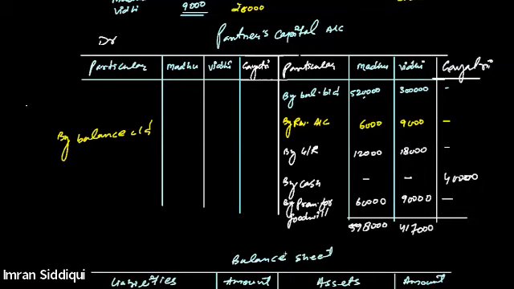And for Gayatri, 4 lakh only. So these will be their closing balances as well: 5,98,000, 4,17,000, and 4 lakh.